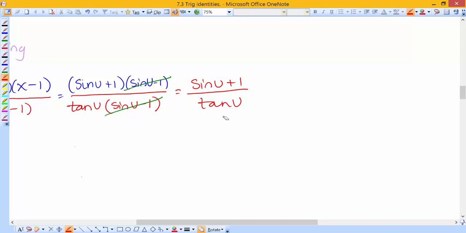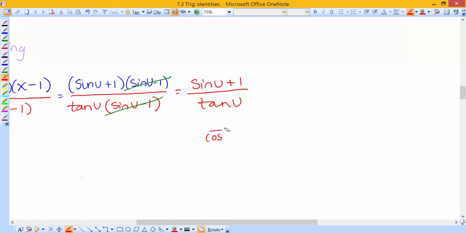So just think, how could we rewrite tangent, just as a bonus? Tangent becomes sine over cosine. And then because I'm dividing by a fraction, I would need to flip and multiply. So something to think about: if you get stuck sometimes, we need to continue. There might be other things we can do.